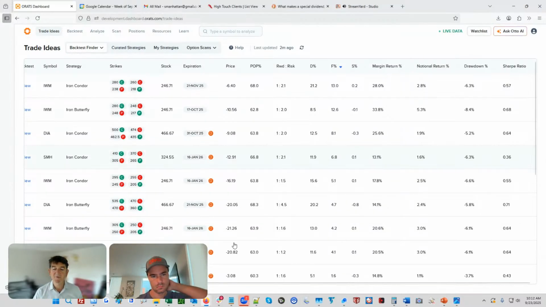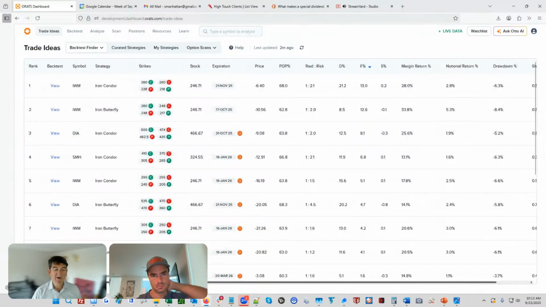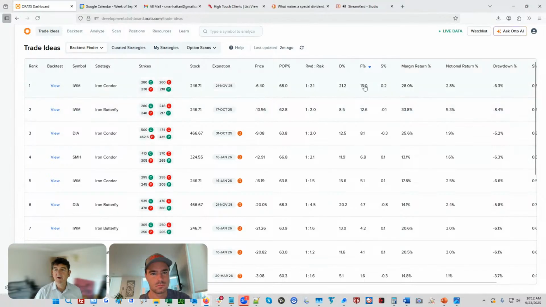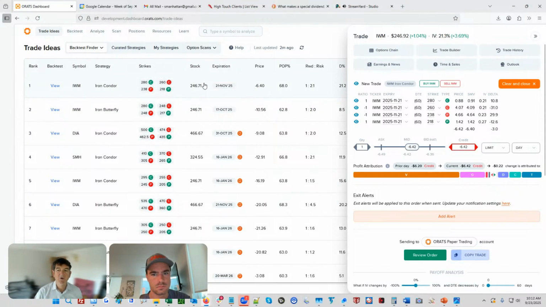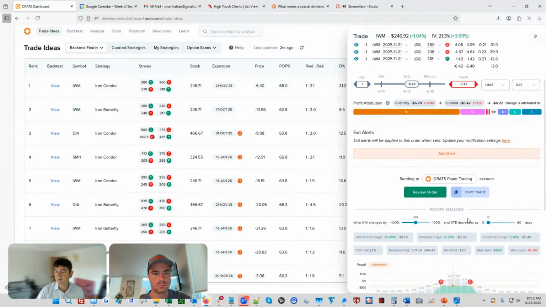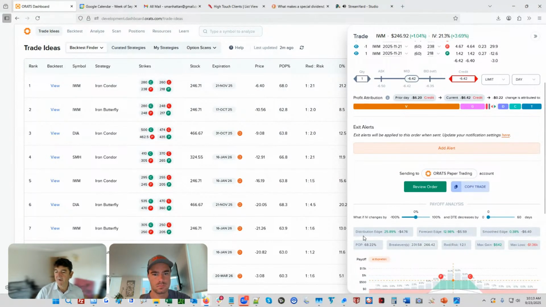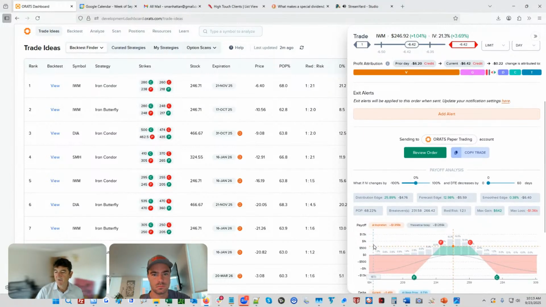ORATS makes a forecast, and that's called a theoretical value when you turn it into a dollar amount. And then you compare that dollar amount to the price of the actual trade. So we could look at that. We have a distribution edge, where we make a distribution and calculate an expected return based on that.